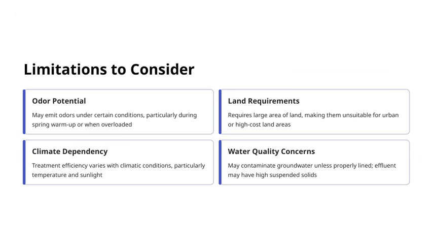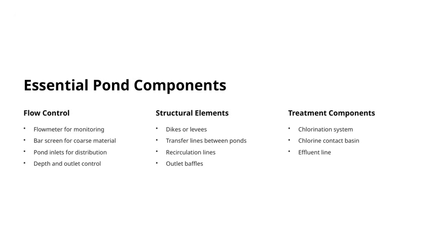Additionally, the effluent might contain high levels of suspended solids, which could pose environmental challenges if not properly managed. Overall, while these systems have many benefits, understanding these limitations helps us make better decisions and optimize their use in different settings.